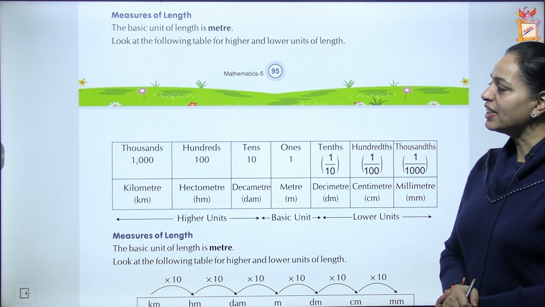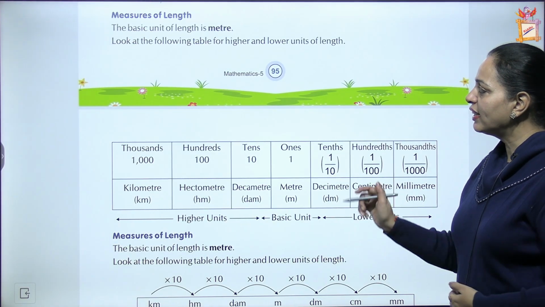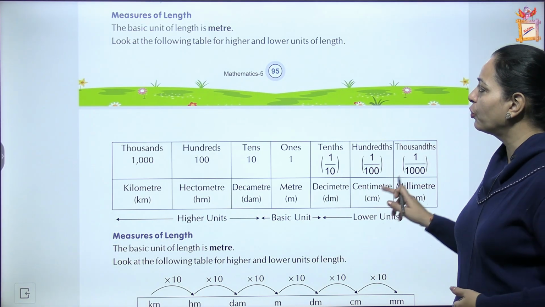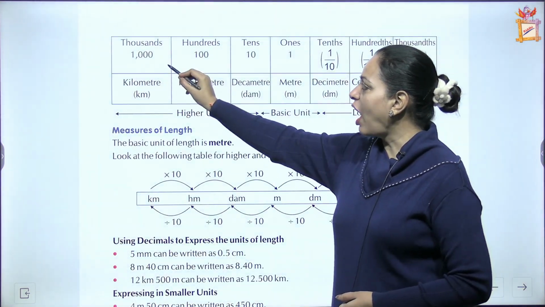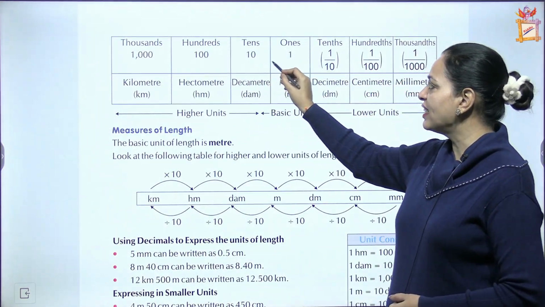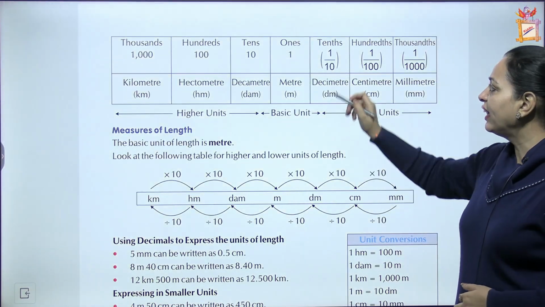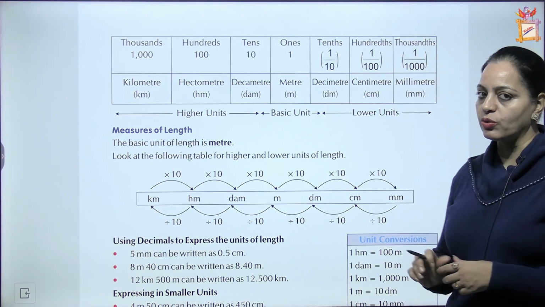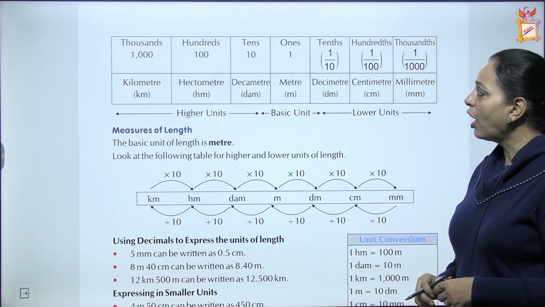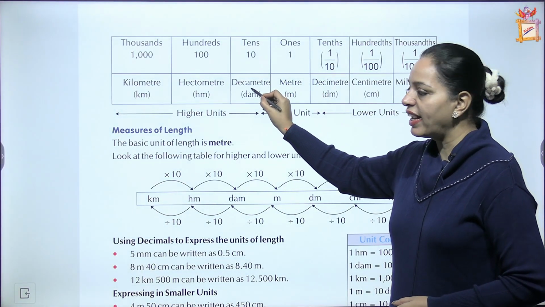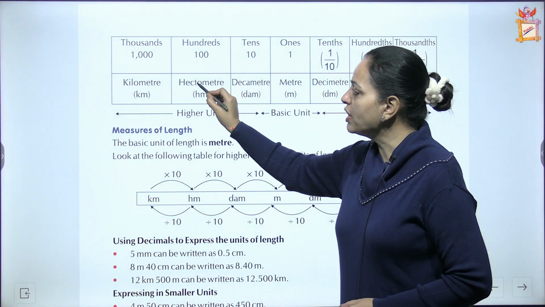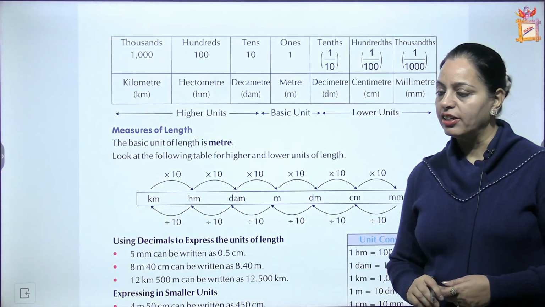Measures of length. The basic unit of length is meter. Look at this table for higher and lower units of length. So here you can see thousands, hundreds, tens, ones, and then tenth, hundredth, thousandth. You know very well. So now in ones we will write meter, and then here decameter, hectometer, kilometer.